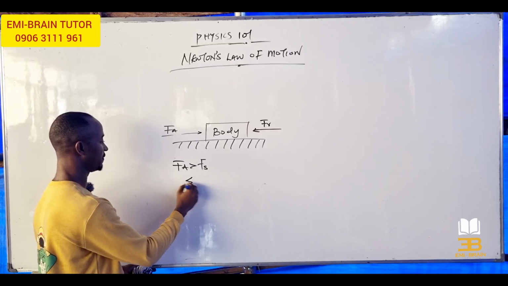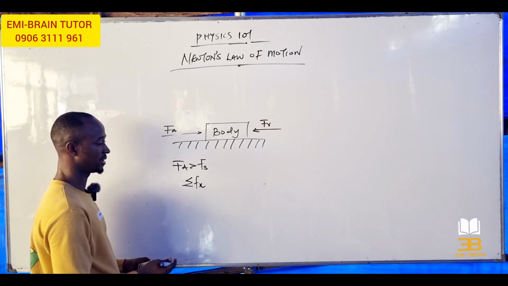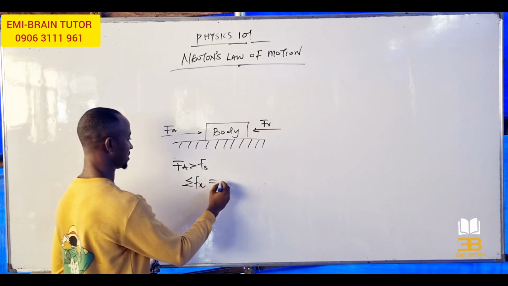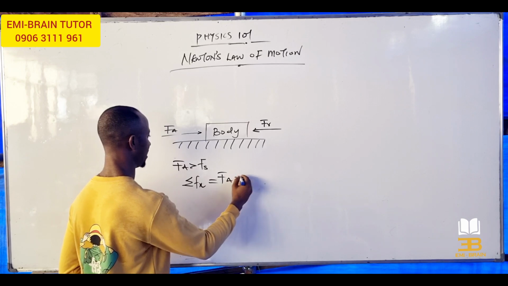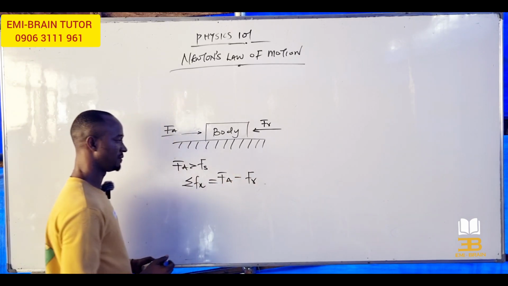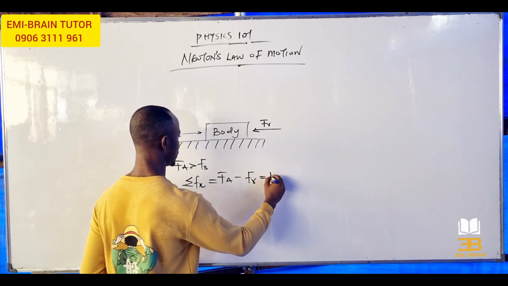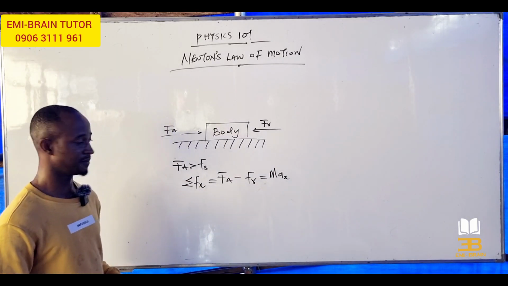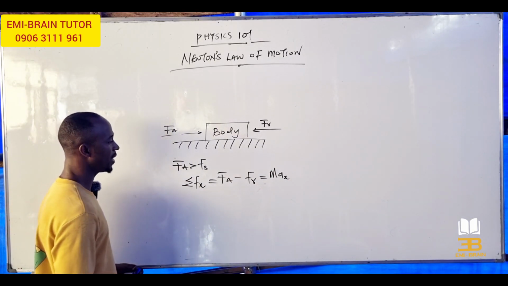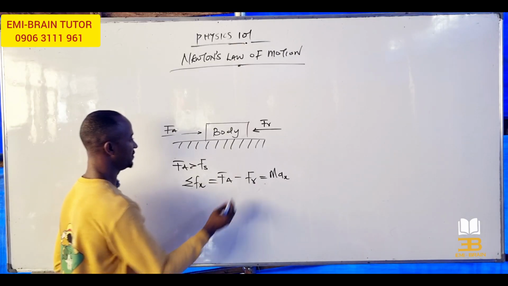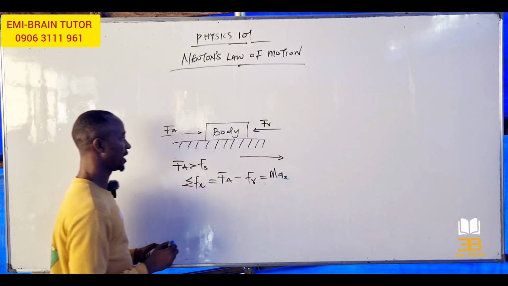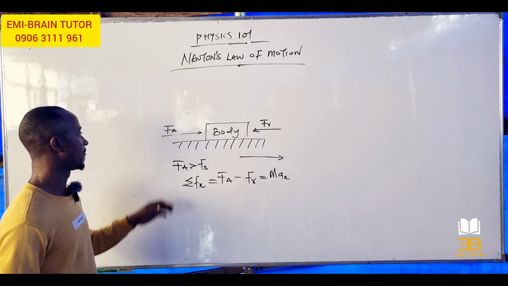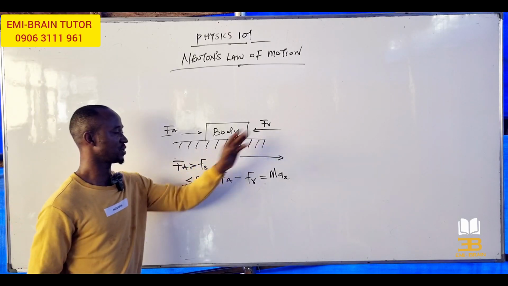That means the sum of all the forces acting along the horizontal axis is simply the applied force minus the frictional force, which equals mass times acceleration along the horizontal axis. Why do we say Fa minus Fr? If this is the direction of motion, we have two forces that act on this body: the applied force and the frictional force.